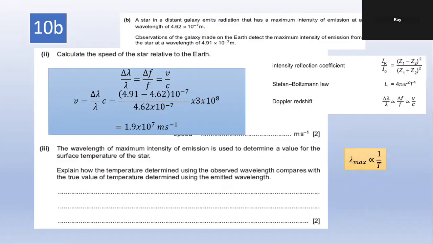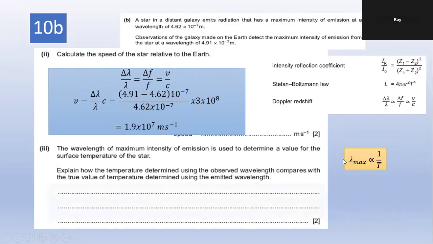You have to go to the Wien displacement law. We are using this one to calculate. If you use this one to calculate, you get a different temperature. Use this one to calculate, you get a different temperature, according to that one.